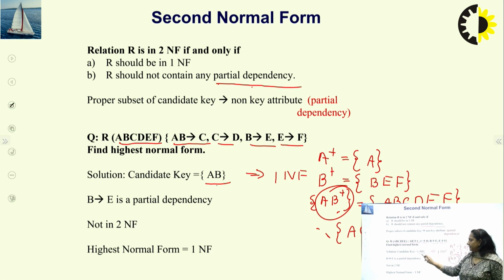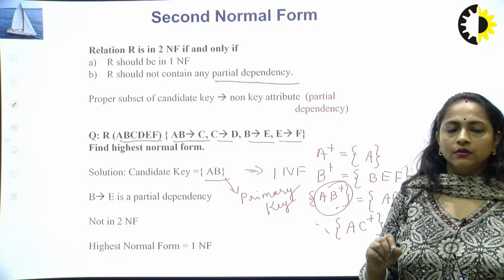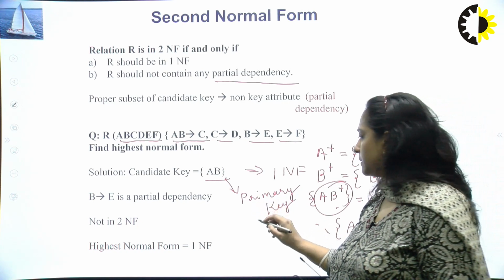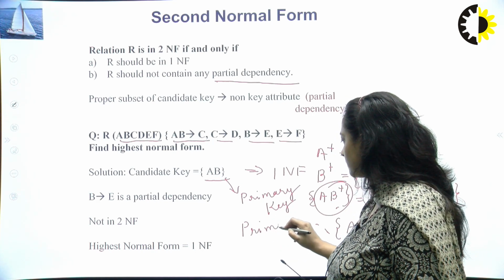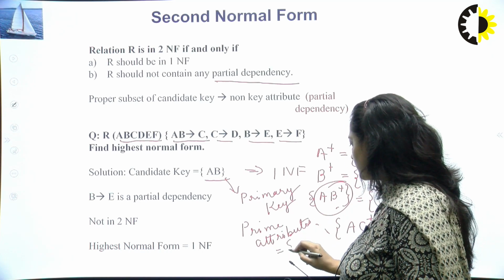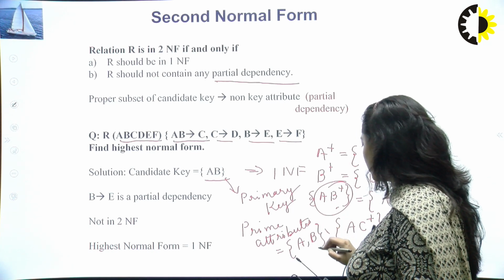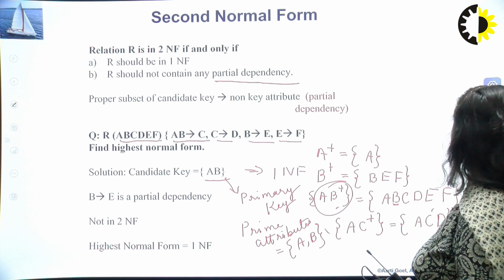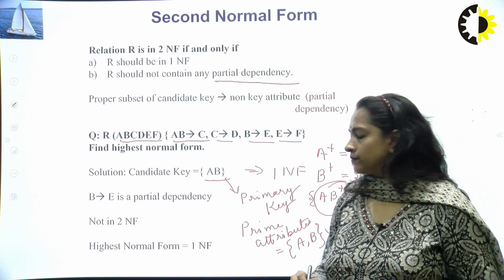This is the only candidate key, therefore AB will be the primary key, and all the attributes of the primary key or the candidate key are the prime attributes. So the prime attributes are A and B.